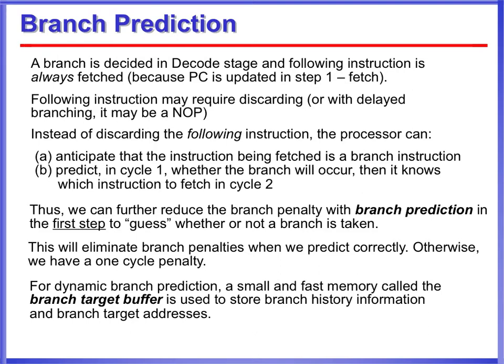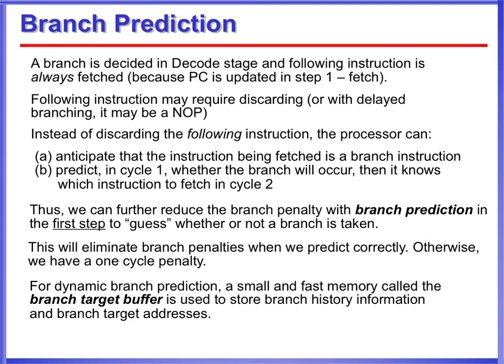And if your prediction is right, there's no branch penalty, because now you've updated the program counter not just to point to the next instruction right after the branch, but to the address of where that branch goes to. Okay, so now possibly we can get rid of the branch delay slot entirely. There's no branch penalty. Typically, when do we figure out what an instruction is? It's in step two, where we decode the instruction, right?